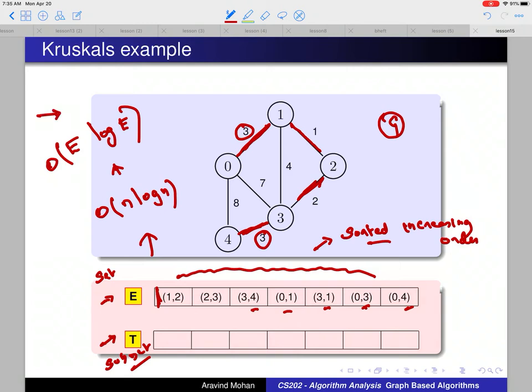We will come back to this point in a little bit. But for now, we understand that we are going to take all the edges in the graph and sort them in increasing order.